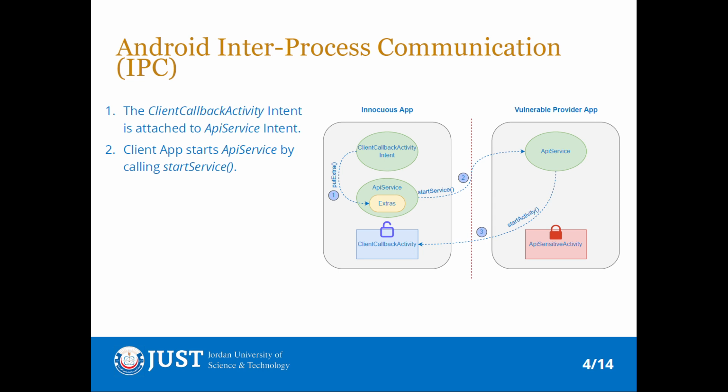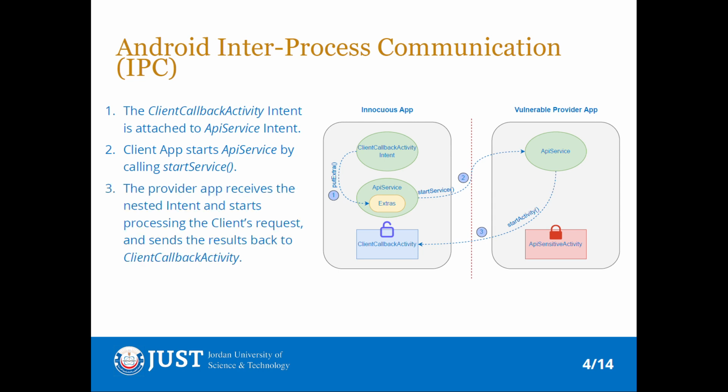After that, the service provider processes the requests coming from the client app and uses the intent that the client app provided to start the client callback activity that resides in the client app.